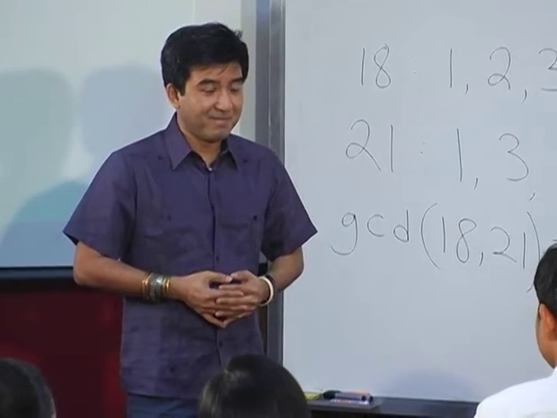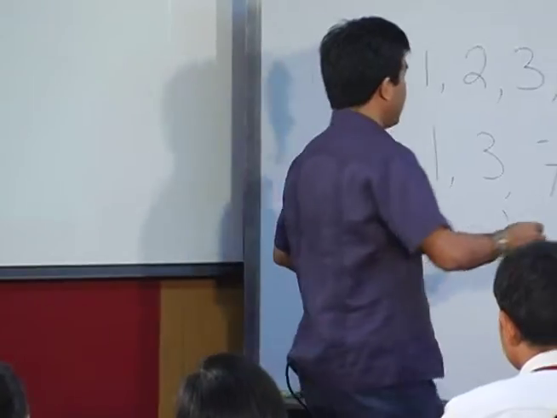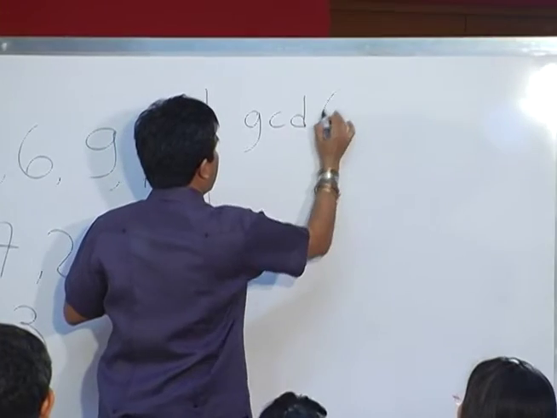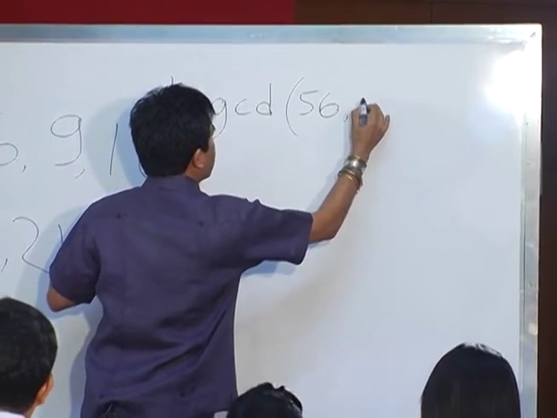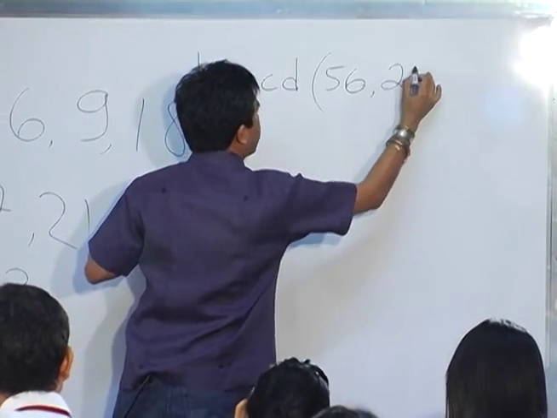Do you remember in grade school, how do we compute the GCD of two numbers? By listing, yes. For example, what is the GCD of 56 and, let's say, 27?